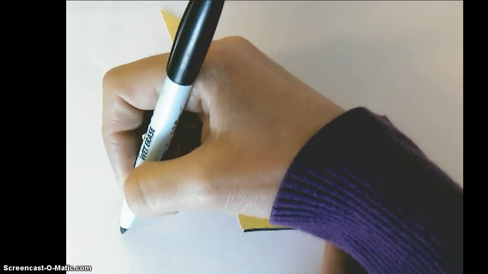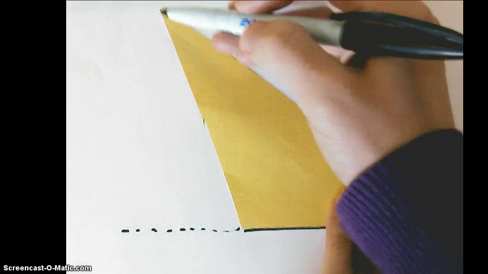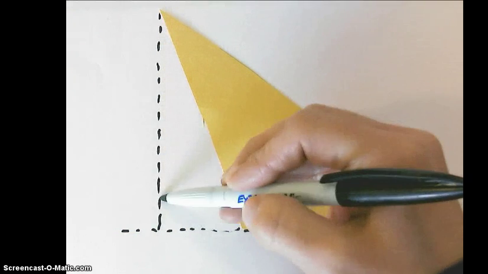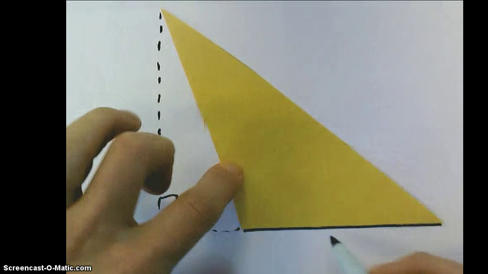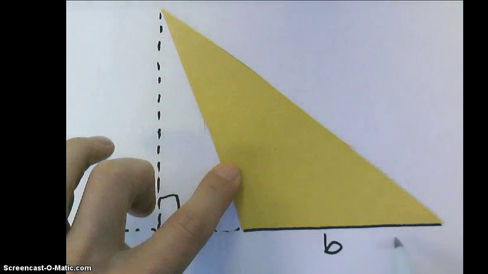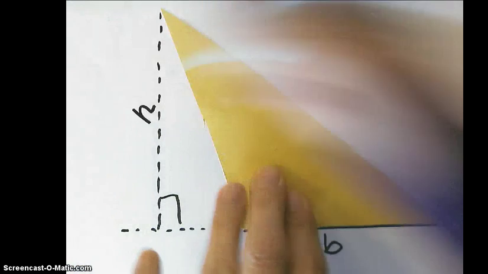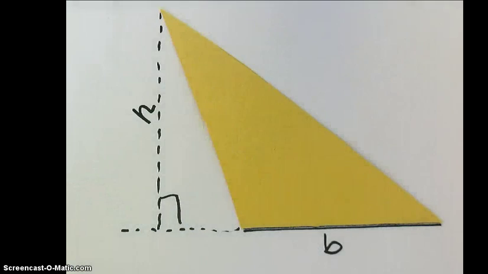So if I wanted to extend my base a little bit, I'd have to draw my perpendicular line down from there. That would be the height of my triangle. So then now here's my base, that flat part on the bottom, and then this one is my height, which is outside of the triangle because I didn't have any right angles in the triangle.